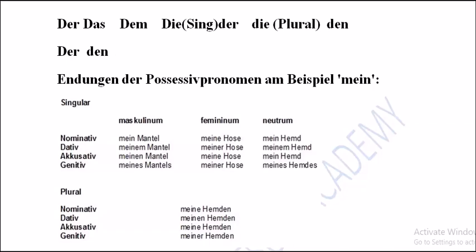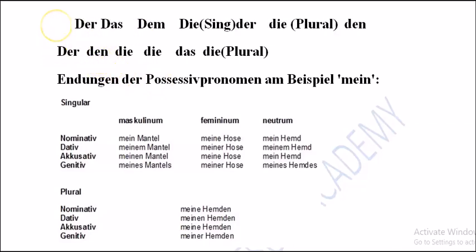Die is written like die, das like das, and plural die is written the same as in nominative form. So just there is a change to den in accusative.